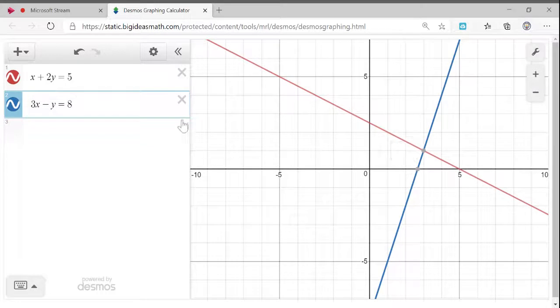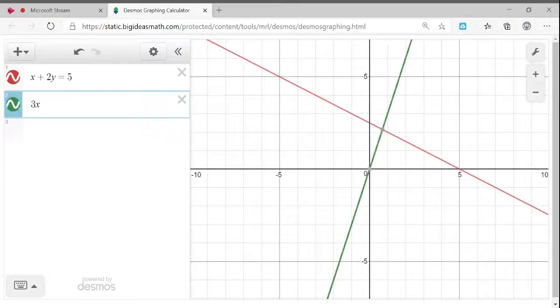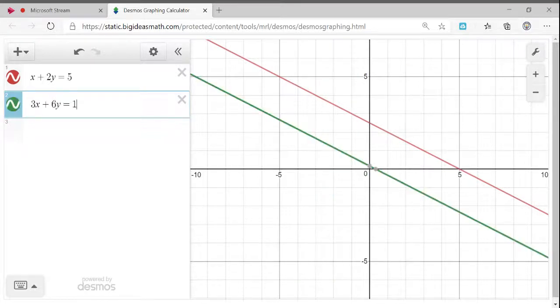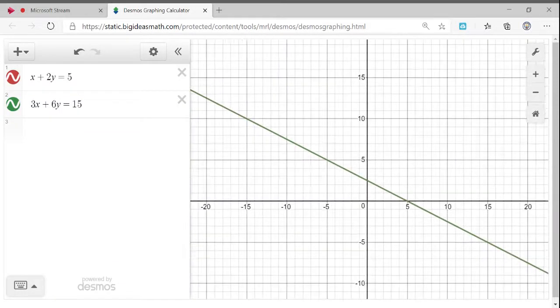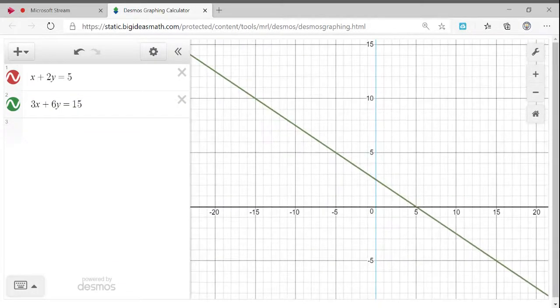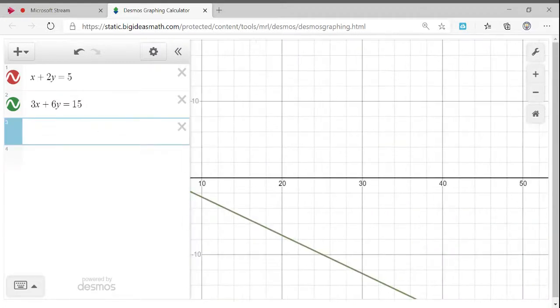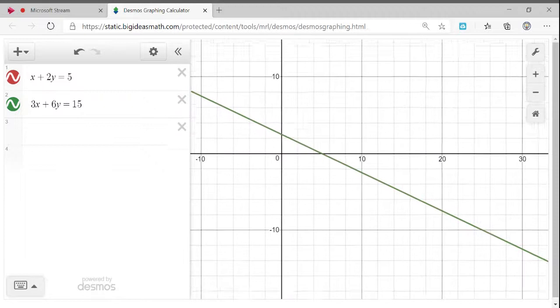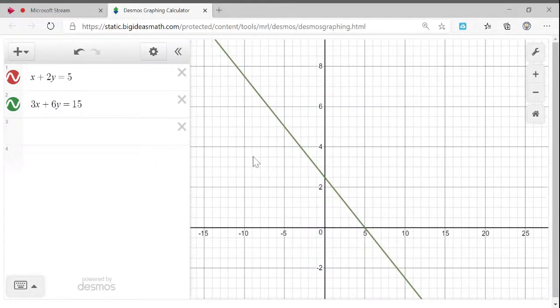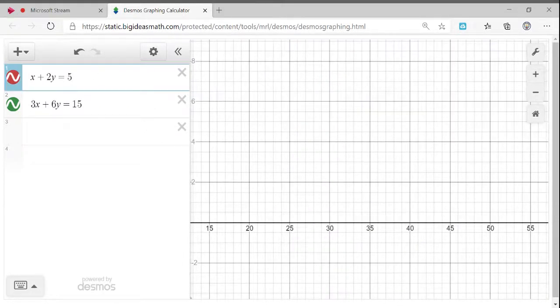Now, with that said, there is a possibility that we could have no solutions for a system of equations. So, for example, if you look here, I have another equation listed. 3x plus 6y equaling 15.